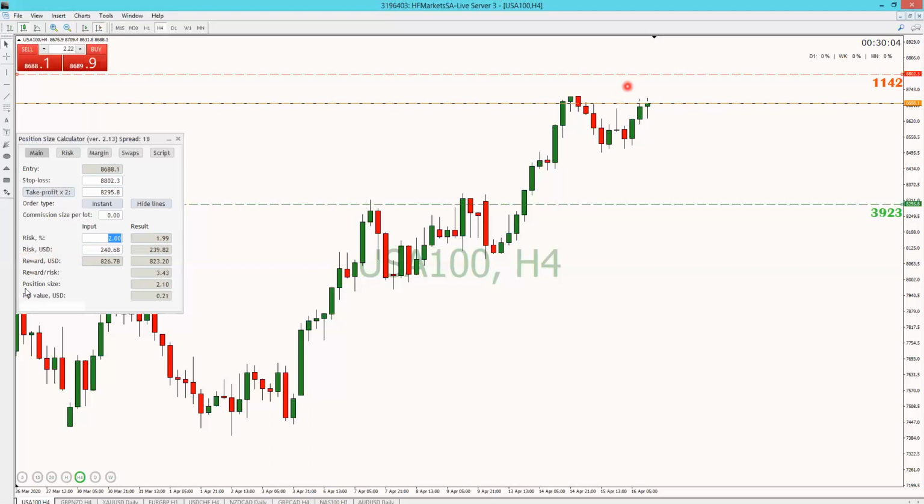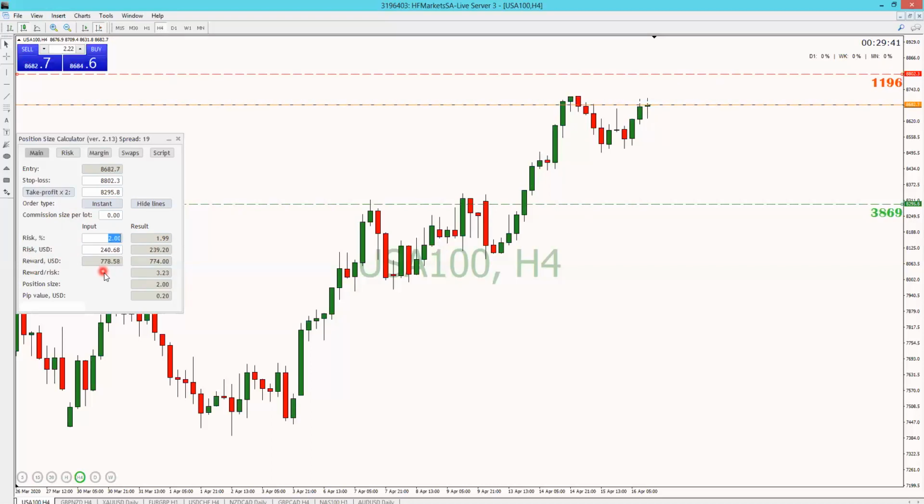That is 2%. And then the reward, if I'm hitting the TP there, is changing mainly because price is moving up and down, and this is an instant order, as I've said. So if I was to sell from where it is and target this low, this is how much I was going to get, that much.